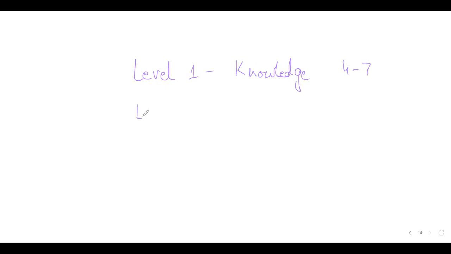Then level 2 of the marking scheme is for application. So you need to apply this knowledge to the question being asked, right? So this question was asking how consumer equilibrium explains consumer behavior, right?